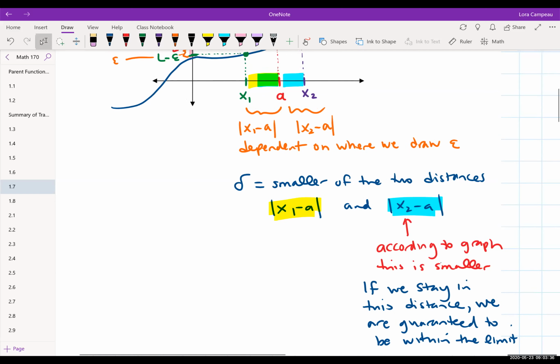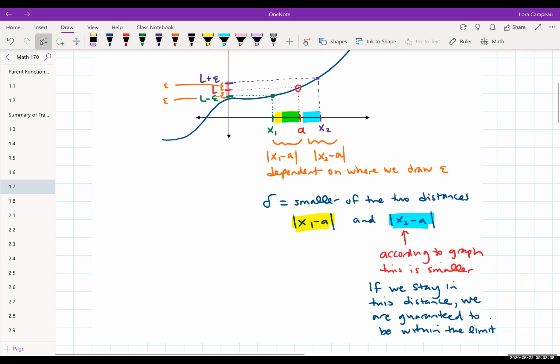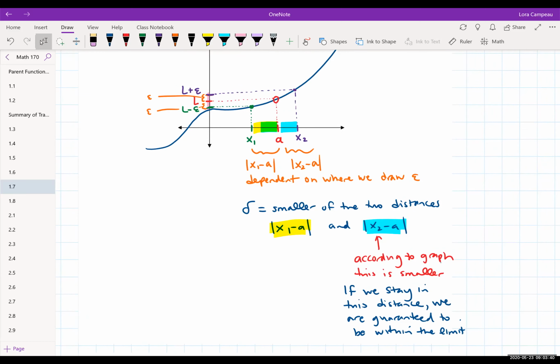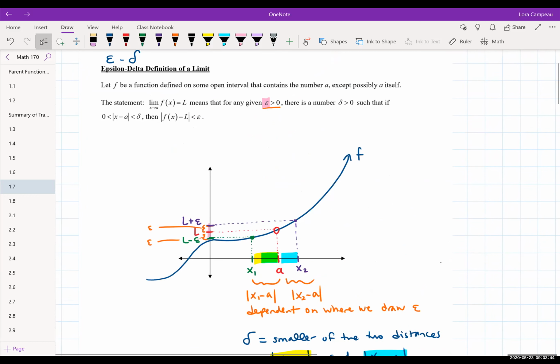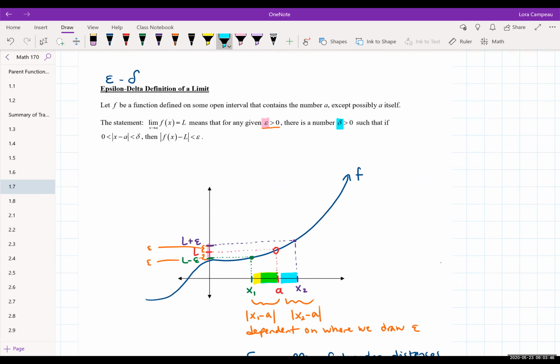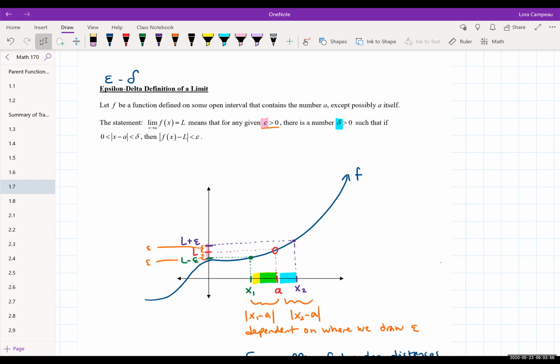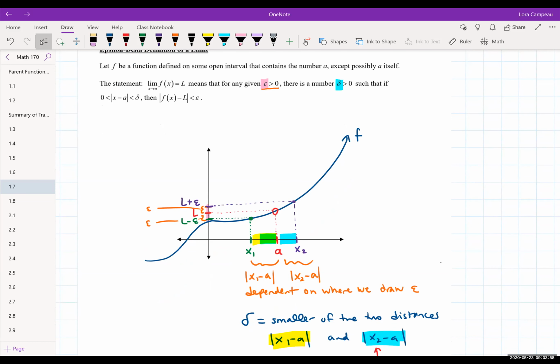So just to restate this delta that we are finding, we're trying to emphasize that no matter what we choose epsilon to be, we should be able to find a delta that satisfies this definition.